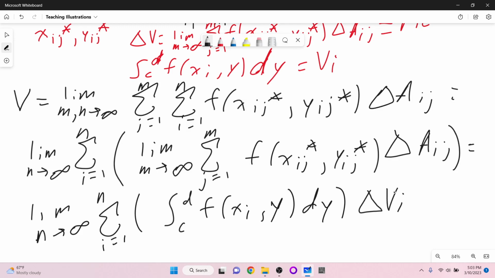The reason I'm now using vi is because it's the volume of the ith strip instead of an area like it was before. Before, we were integrating over areas. But now each vertical strip has a volume that we've theoretically computed. So we're going to multiply times the volume at each stage.